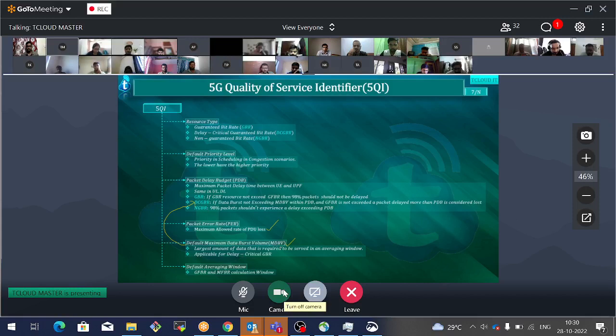The largest amount of data that is required to be served in an averaging window, in one particular time unit that is already identified, like 1 second or 2 seconds or whatever it is, what is the largest amount of data that you have to serve? That is what we call the data burst volume that is permitted. Applicable only for delay critical GBR cases, not applicable in other scenarios.